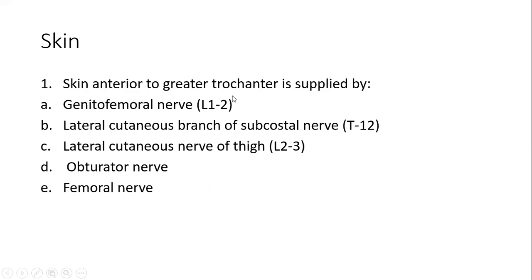Skin anterior to greater trochanter is supplied by genitofemoral nerve, lateral cutaneous branch of subcostal nerve, lateral cutaneous nerve of the thigh, obturator nerve, femoral nerve. Now, skin anterior to greater trochanter is supplied by. What hint can you pick up from the stem?